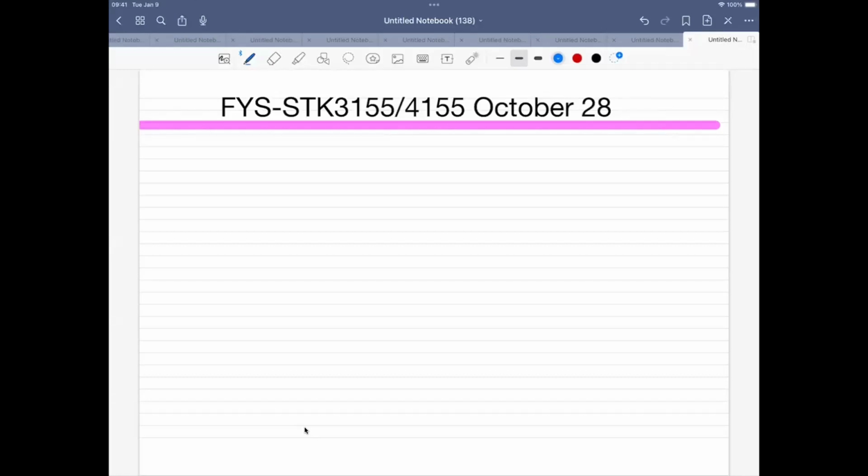So since we now made this change, we have a function which I call y of i, and I write it like this.